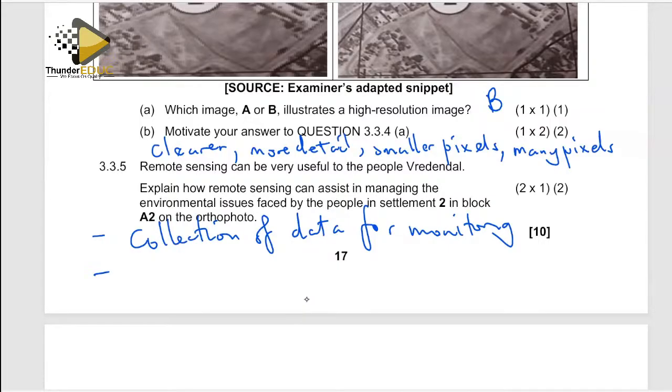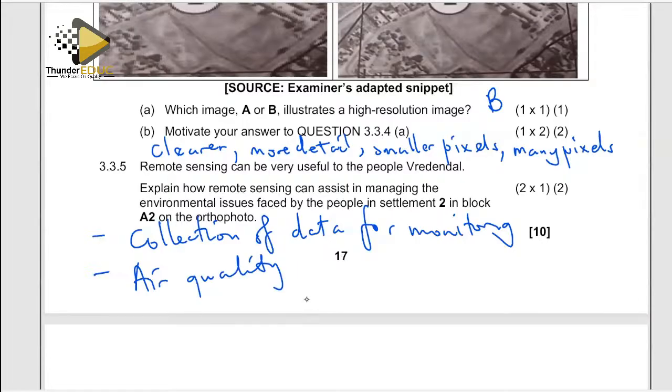Or you can use remote sensing for air quality monitoring, so that we can implement control measures. We start by monitoring.